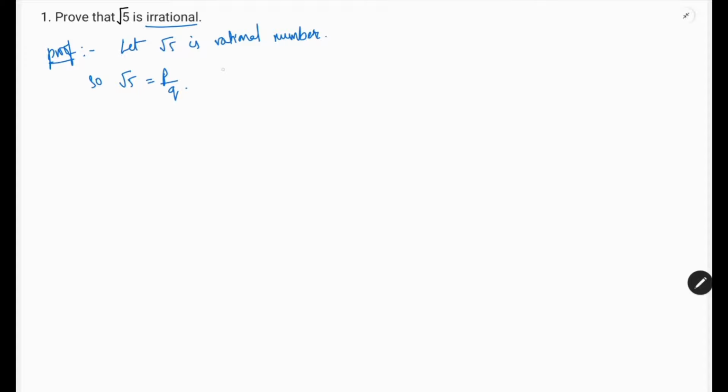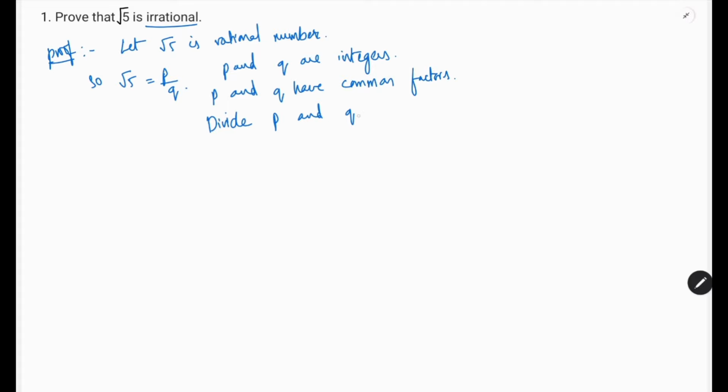Here p and q are integers. Suppose p and q have common factors. Divide p and q by the common factor.